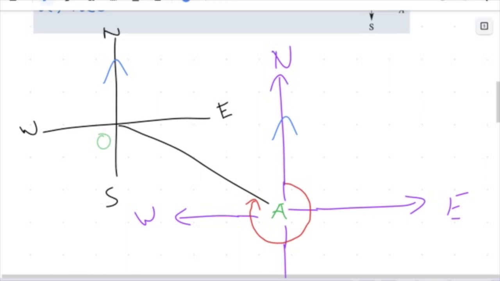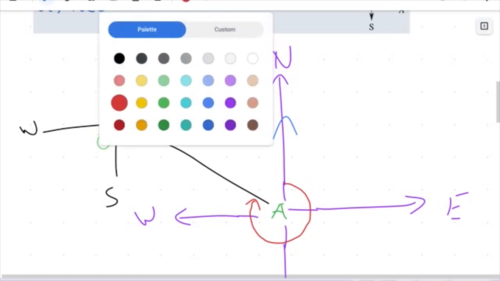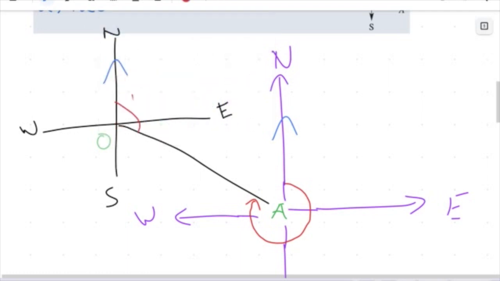Now, if this entire angle is 120, and this guy here is a right angle, what's going to be the angle value of this tiny angle here? Well, to find that, I want to find the difference between 120 and 90. So minusing one from the other, that gives me an angle in here of 30 degrees.